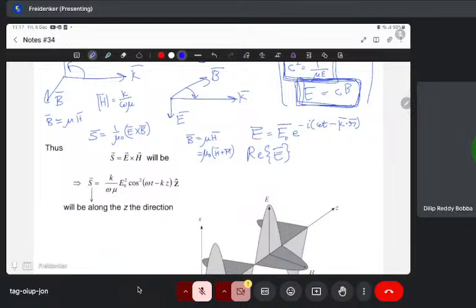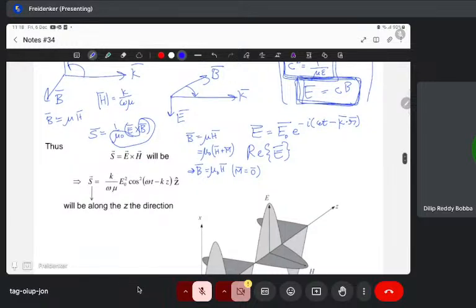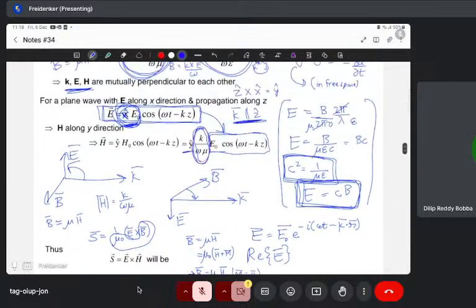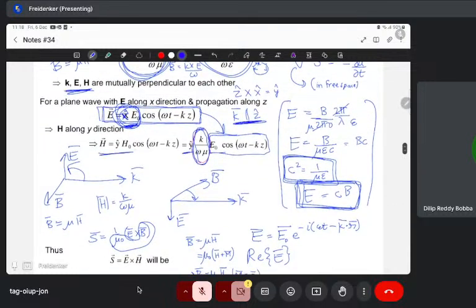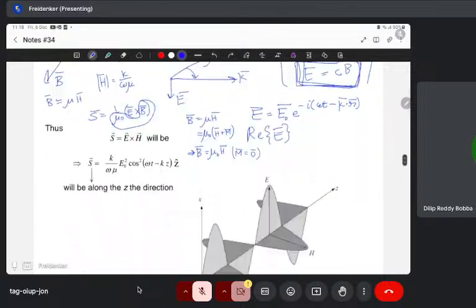So if M bar is 0, then you can write B bar as mu naught H bar, where M bar is magnetization. So they replaced B bar by mu naught H bar. Now you know how to write E bar, you know how to write H bar. So they now substituted this in the pointing vector, you'll get S bar.